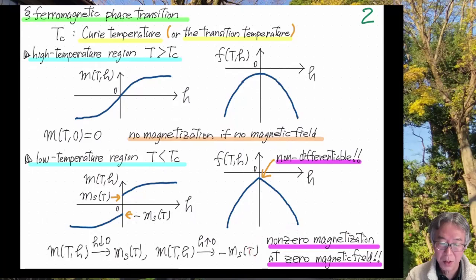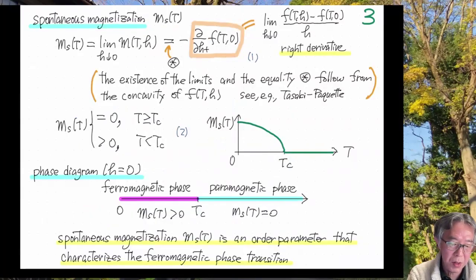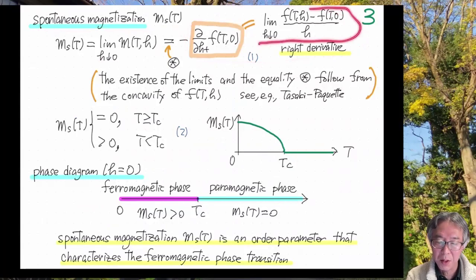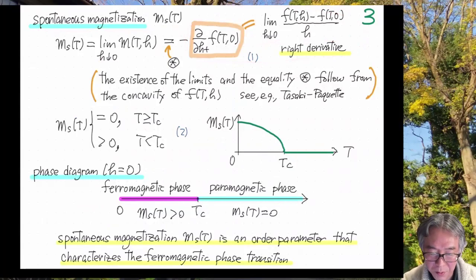Very interesting. And this m_ST is a quantity that characterizes this phase transition, and it's called the spontaneous magnetization. We define it in this way. Or you can define it, and this is more convenient and we use this, with the quantity called the right derivative. Well, this looks like the definition of the usual derivative, but be careful.